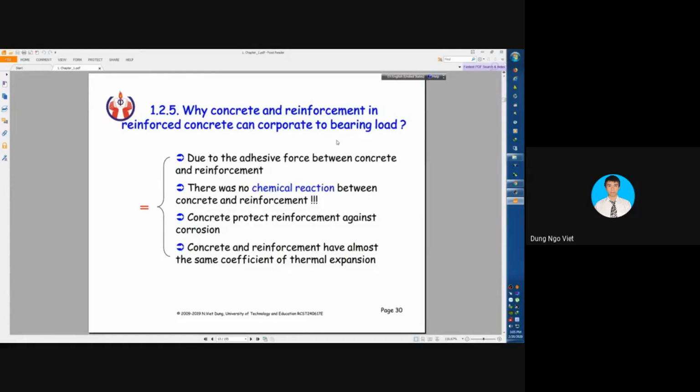The second one is that there is no chemical reaction between concrete and reinforcement. The third one is that concrete protects reinforcement against corrosion. And the final one, concrete and reinforcement have almost the same coefficient of thermal expansion.